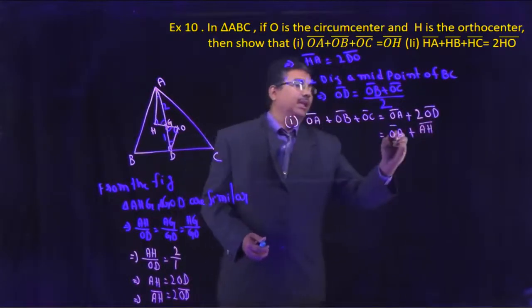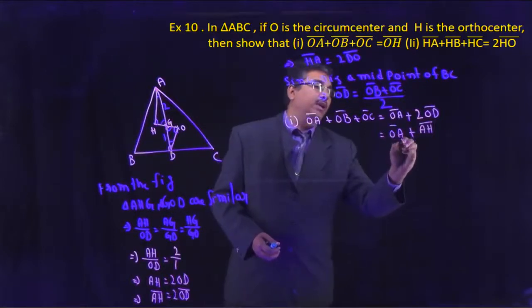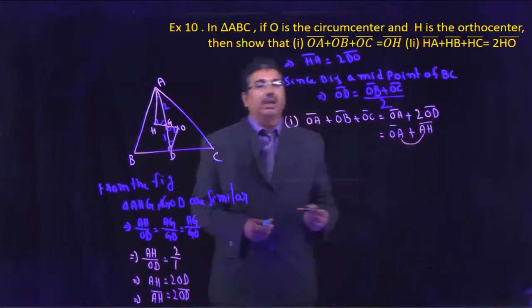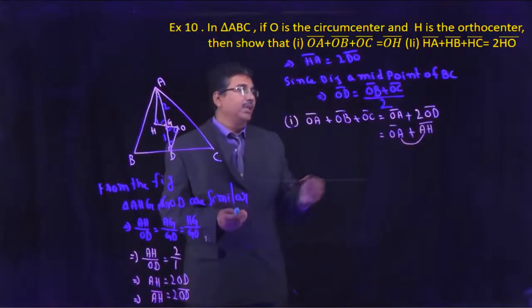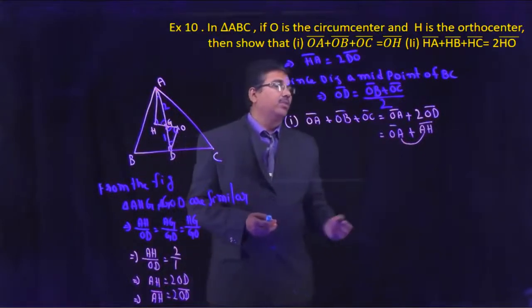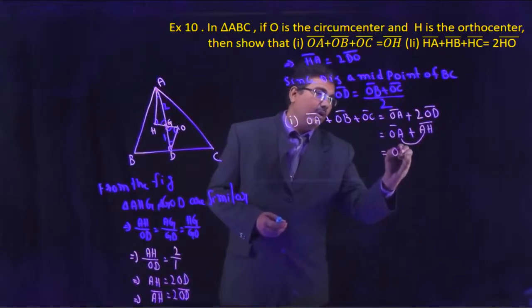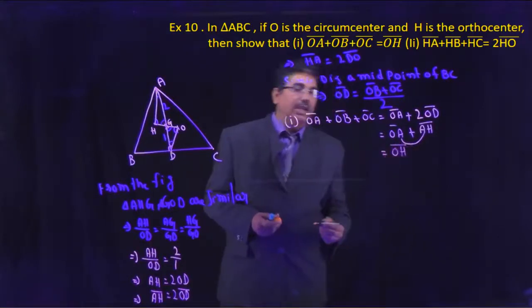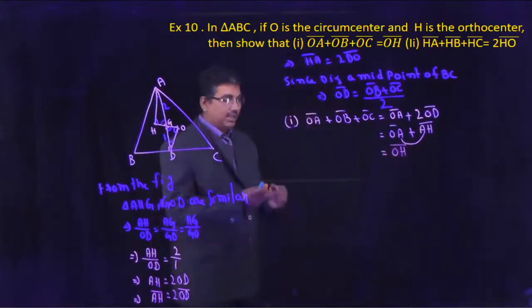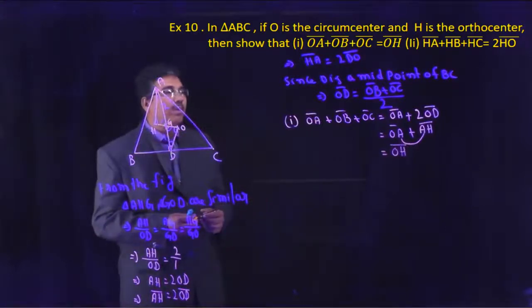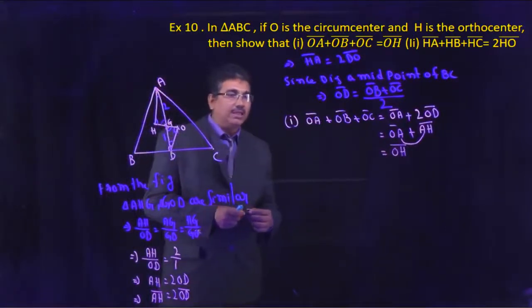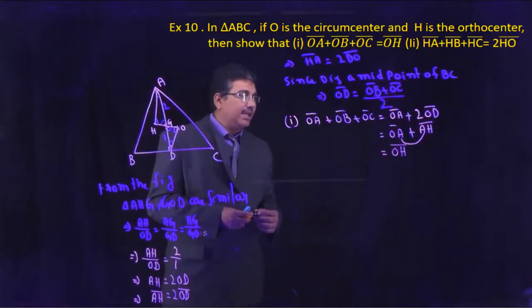Now here the terminal point of this vector is equal to initial point of second vector. Now adding these two vectors, we get OH bar. Therefore, OA bar plus OB bar plus OC bar is equal to OH bar.